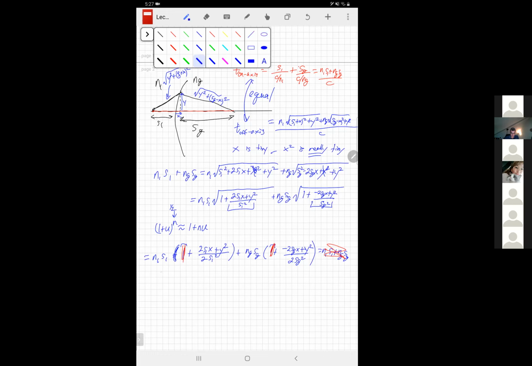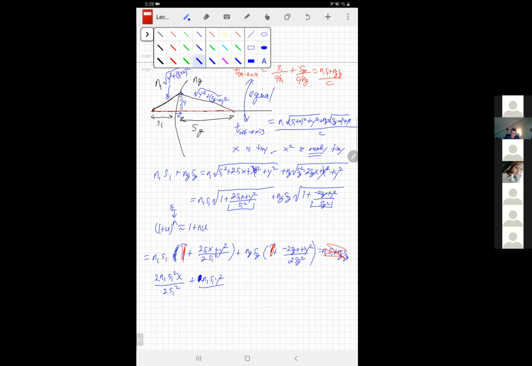And what I'm left with is N1 S1 squared x, 2N1 S1 squared x over 2S1 squared plus N1 S1 y squared. Sorry, that's not a 2.